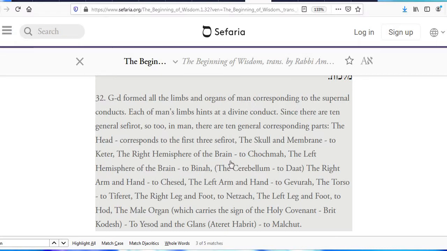The right hemisphere of the brain to Chochmah, the left hemisphere to Binah, the cerebellum to daat, the right arm and hand to chesed, the left arm and hand to gevurah, the torso to tiferet, the right leg and foot to netzach, the left leg and foot to hod, the male organ which carries the sign of the Holy Covenant, the Brit Kodesh, to Yesod, and the glands to Malkut.